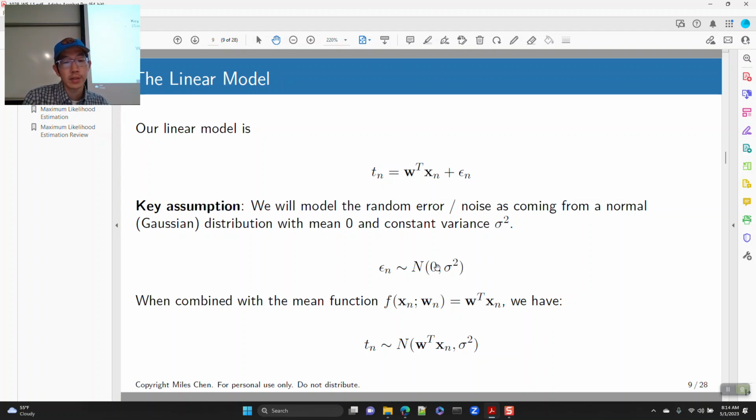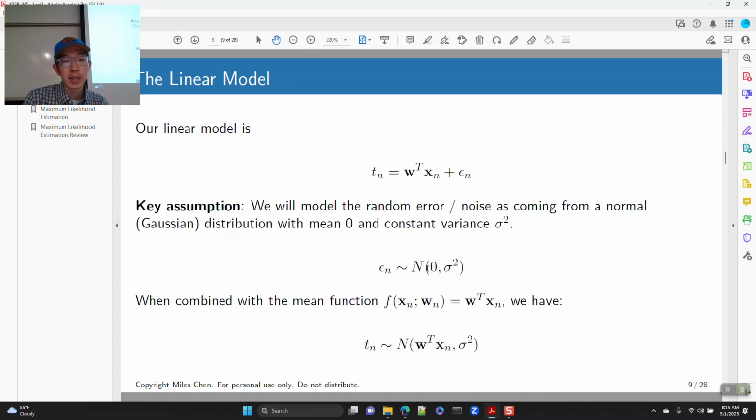That's going to be our key assumption here, and this is part of the reason why, when you took 101A and did linear regression and checked model assumptions, you wanted to make sure your errors have constant variance. The errors also have a mean of 0, but that happens when you estimate your parameters.